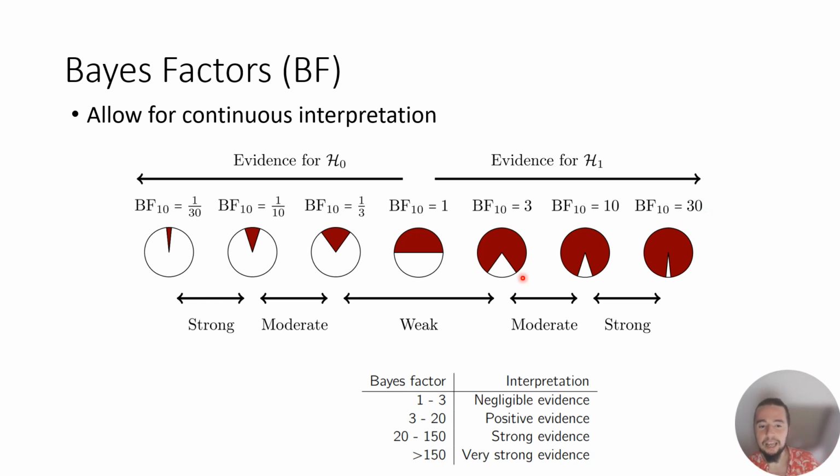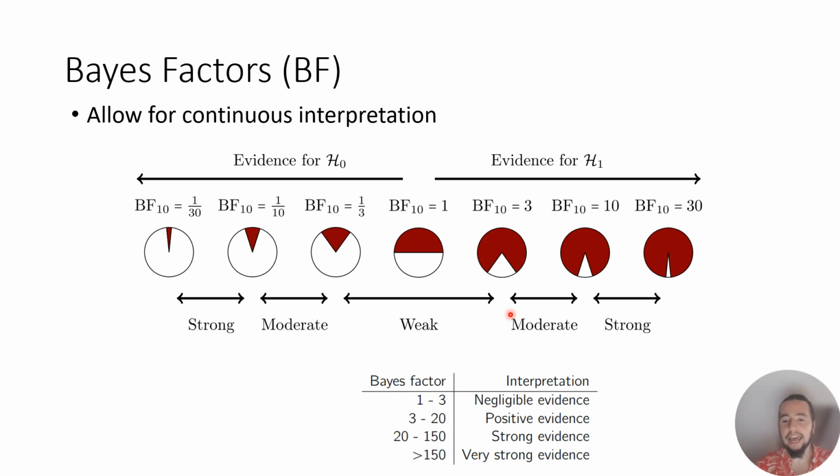So we can define some thresholds. For example, weak evidence is going to be a Bayes factor between 1 and 3, but more or less 7, 8, 10 is going to be moderate evidence. And then we will have strong evidence towards 20 or higher, and also we can have strong evidence towards 100 or something like that.